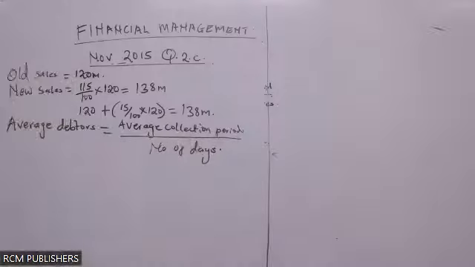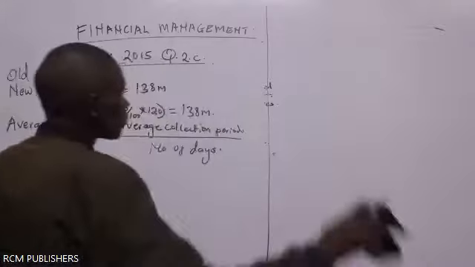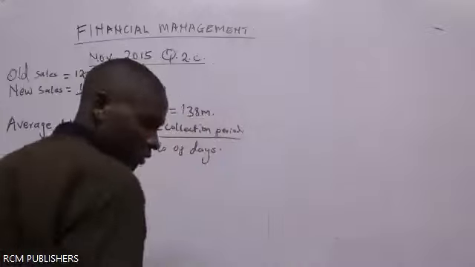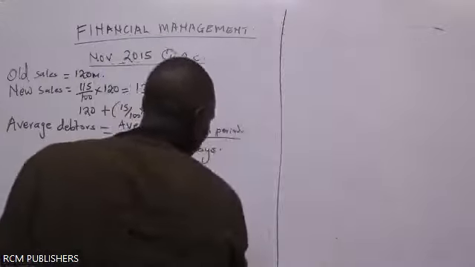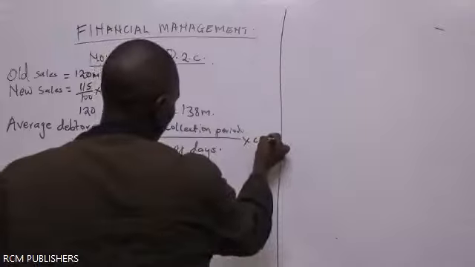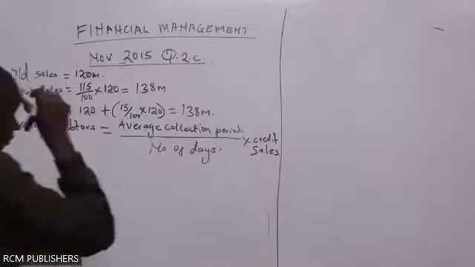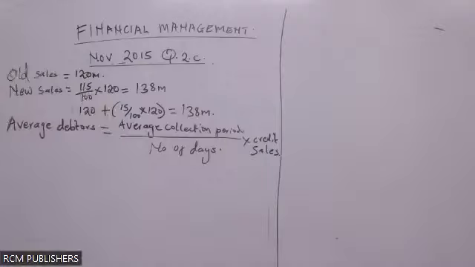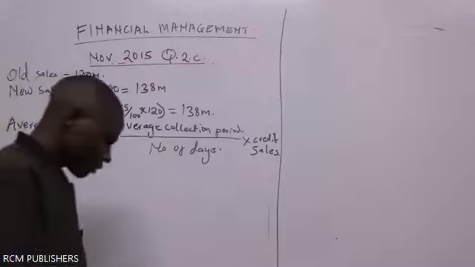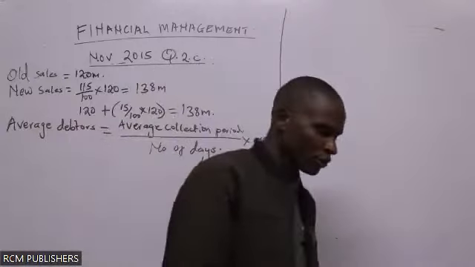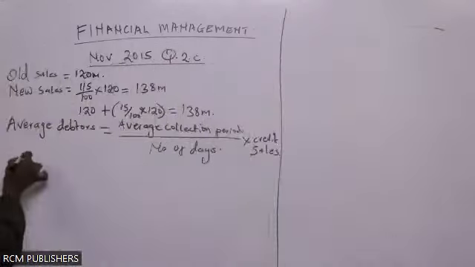I don't know if we have been given the correction period here. We have been given the correction period. So correction period of debtors times credit sale. Write this formula first. Look, let's start with the current policy.